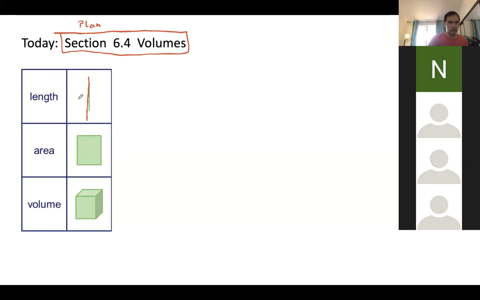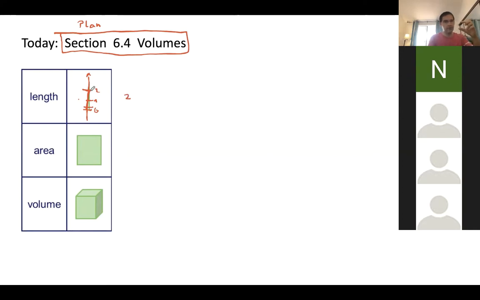So maybe this is the X, or maybe the Y axis. This is 0, this is 1, maybe there's 2, and so on. If I take this interval, for example from 0 to 2, then I can measure the length, and the length of this interval is 2.